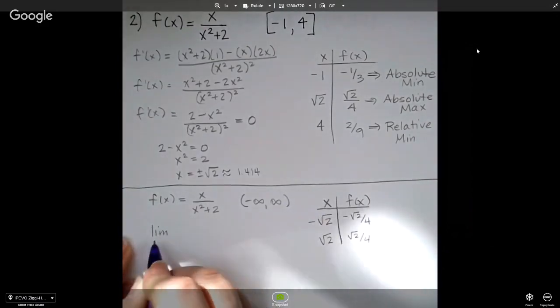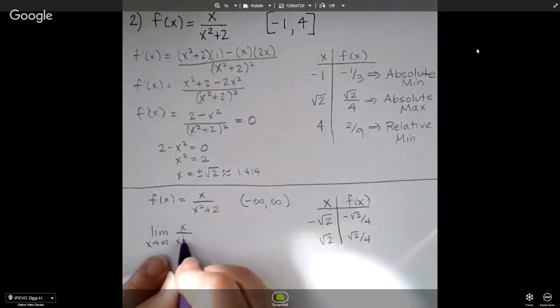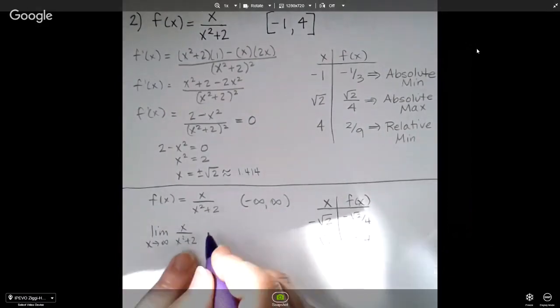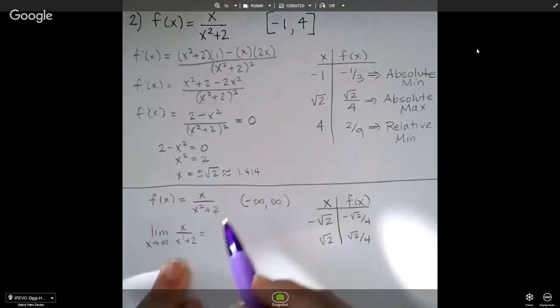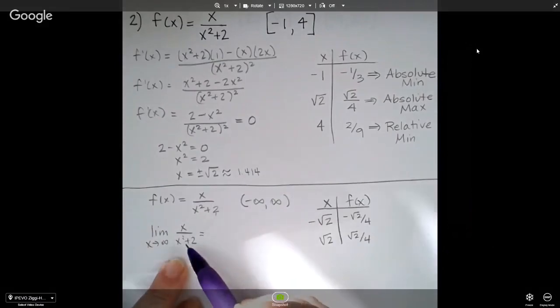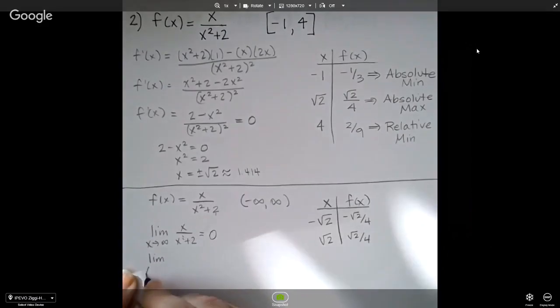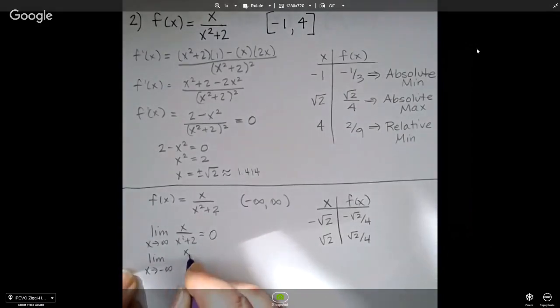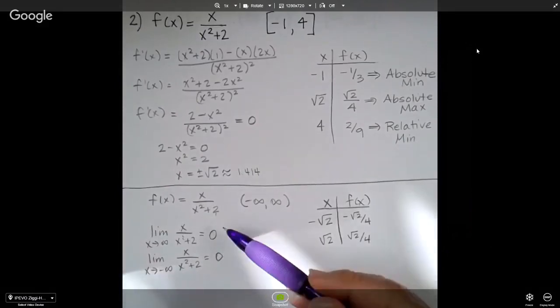The limit as x goes to infinity of x over x squared plus 2, you see the limits never really go away, which I know you're really thrilled about. So what happens when I do this, if I compare the degree of the numerator and the degree of the denominator, or put in 1,000,000 over 1,000,000 squared, we get 0. What about the limit as x goes to -infinity of x over x squared plus 2? Well, guess what? That's also going to 0. So what does that mean?